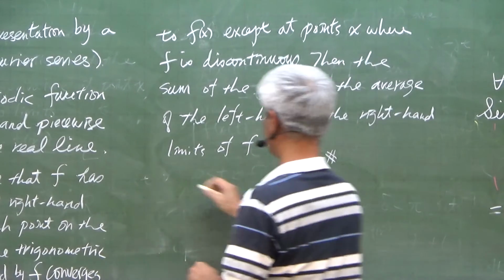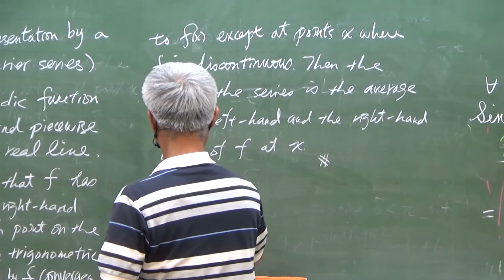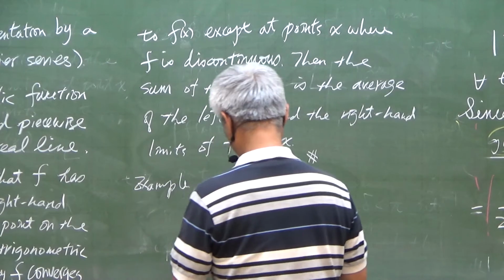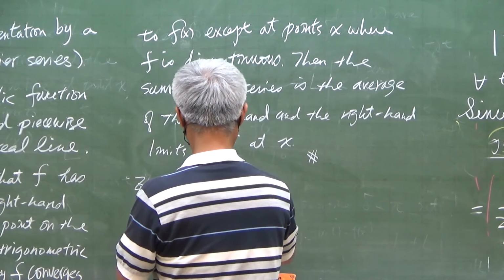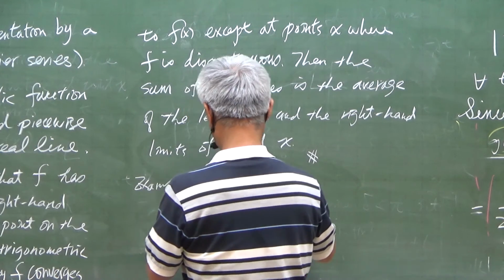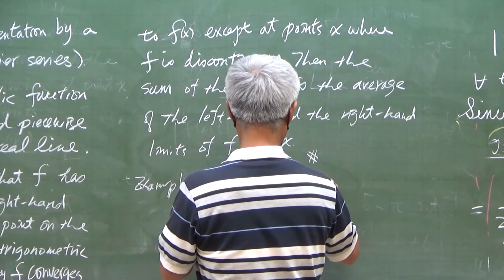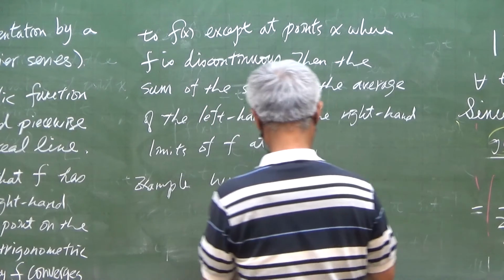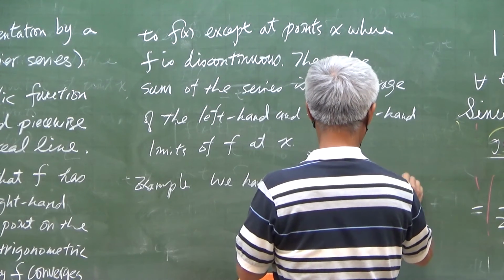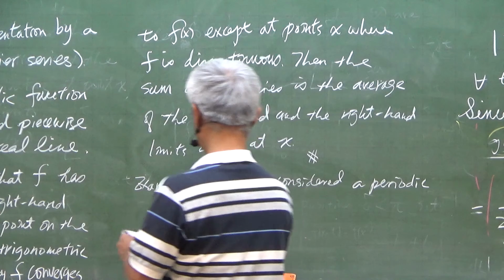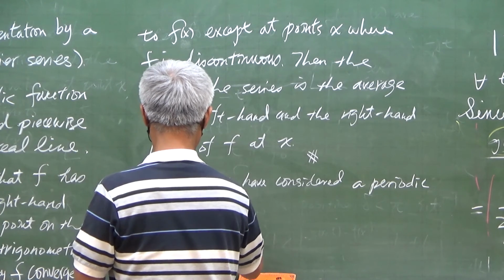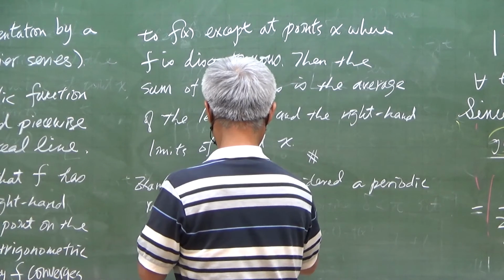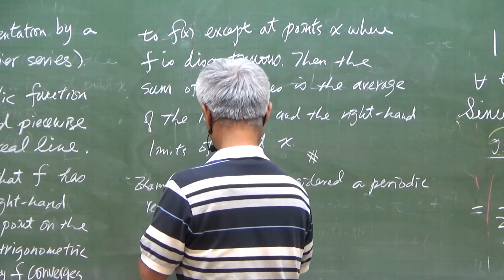Okay, so the example is that we have considered a periodic rectangular wave.